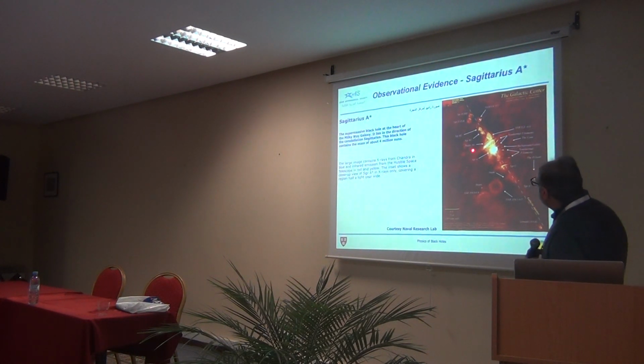To put this image together, took data from Chandra, as I said, and Hubble. I don't think we have any radio in here. This image consists of roughly 4 million suns within this area.